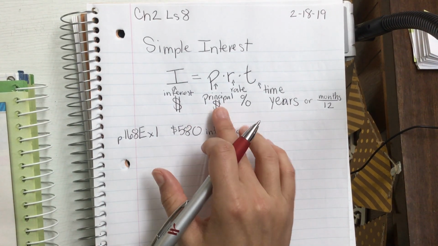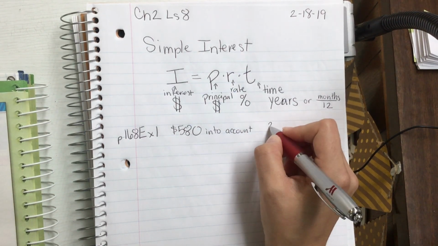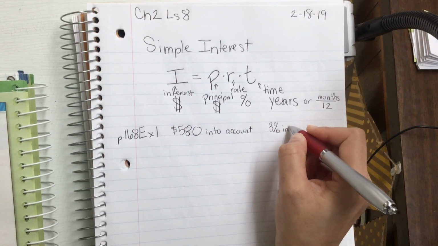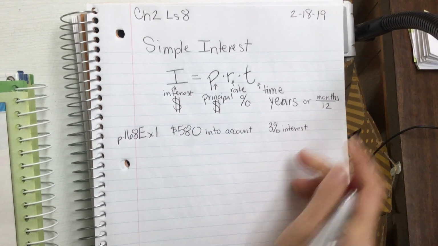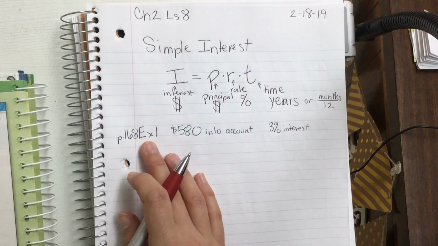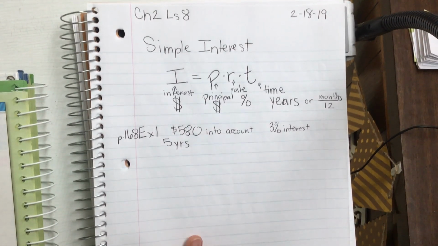So that is going to be our principal, all right? The account pays 3% interest. How much interest will he earn each amount of time? So example 1 is talking about 5 years.